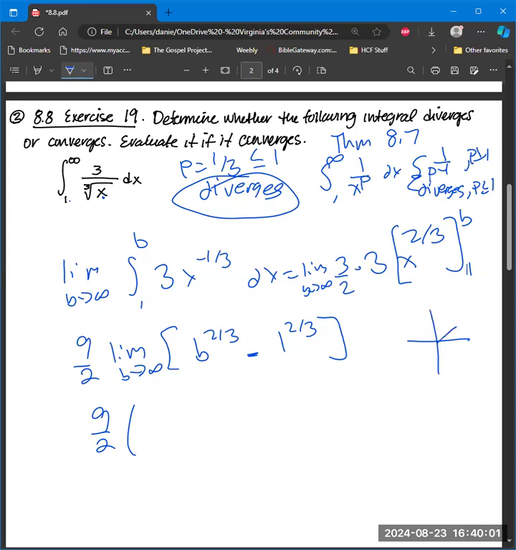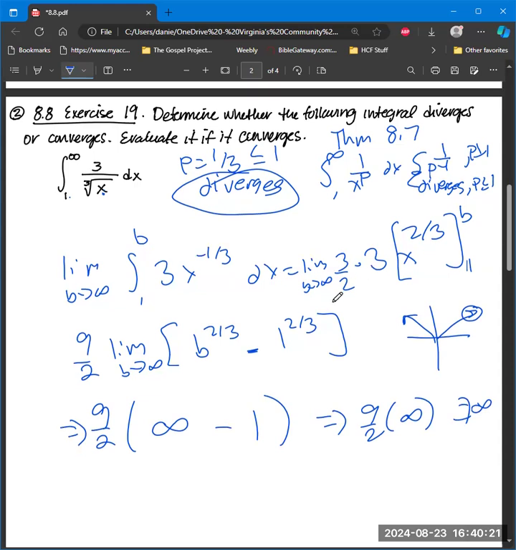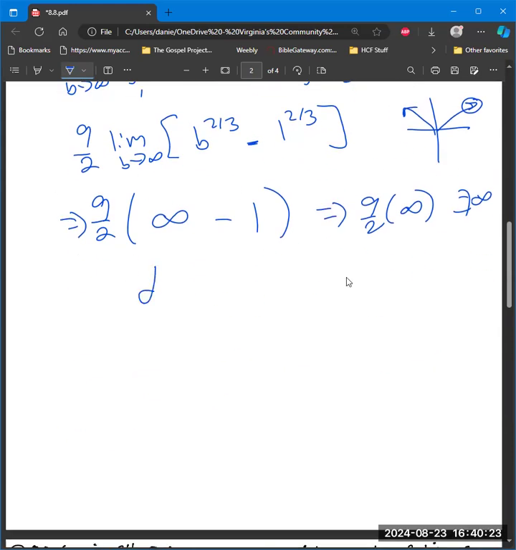So x to the 2/3 looks like this. As I go out to infinity, I'm still going to infinity. This is infinity minus 1, still infinity. So it diverges, just like our theorem said it would.